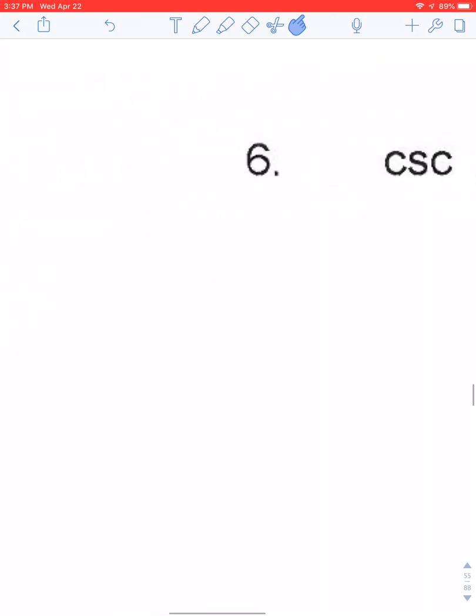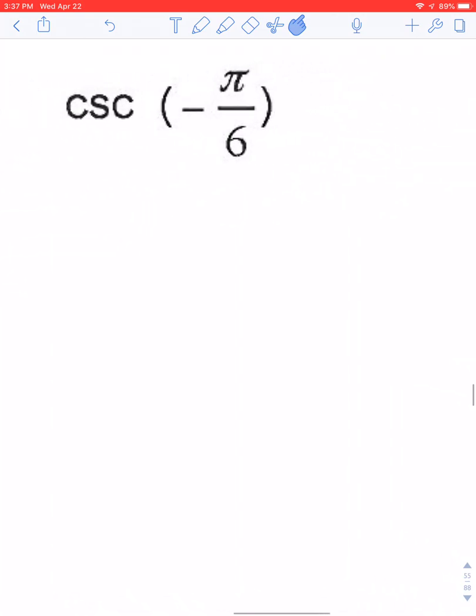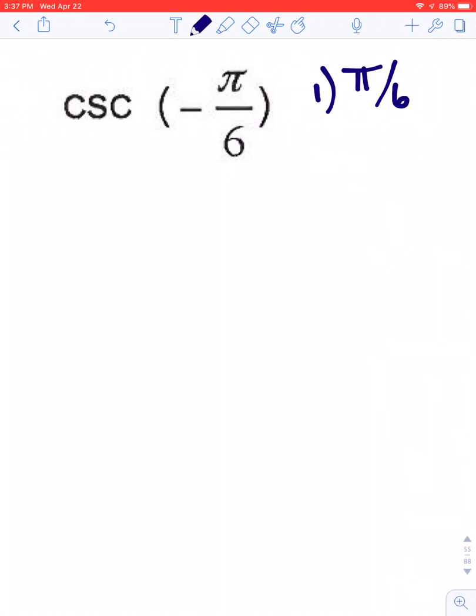Okay, the last question, number 6, we're looking for the cosecant of negative pi over 6. Again, figure out your family, and then see if you can write the ordered pair.